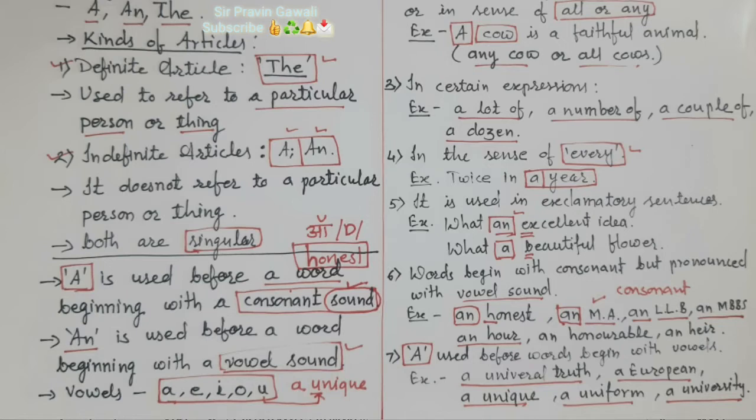But sometimes a word begins with a vowel letter but is pronounced with a consonant sound. That time we can use a instead of an in front of that word. Okay, student. For example, here I would like to tell you an example.